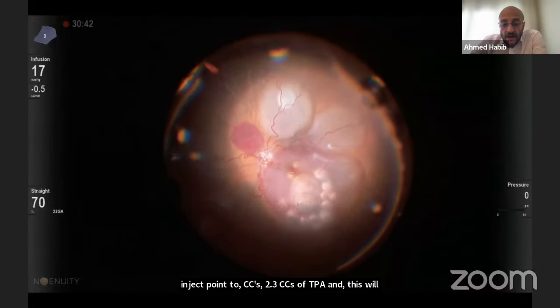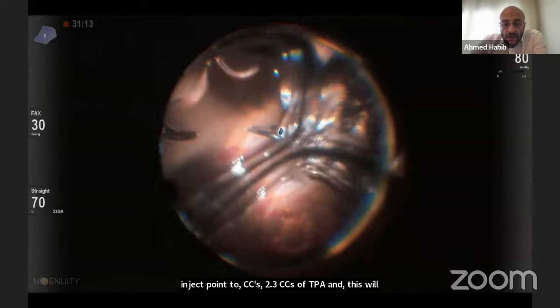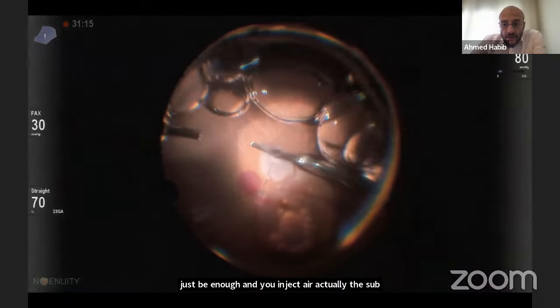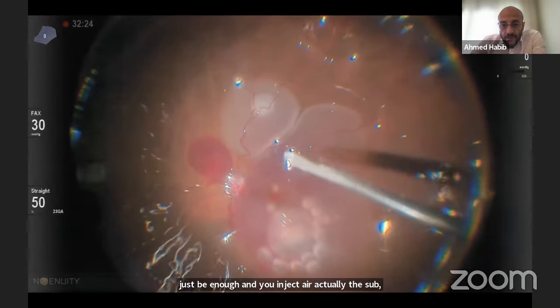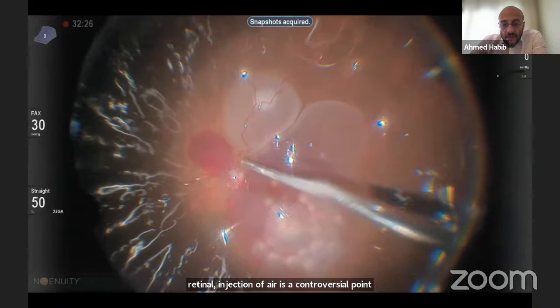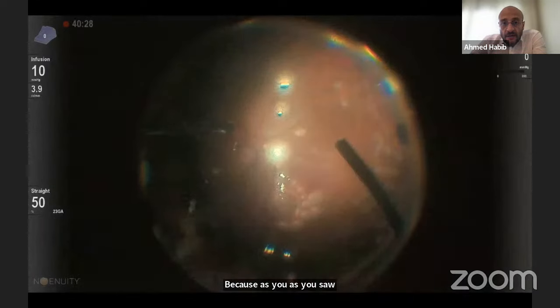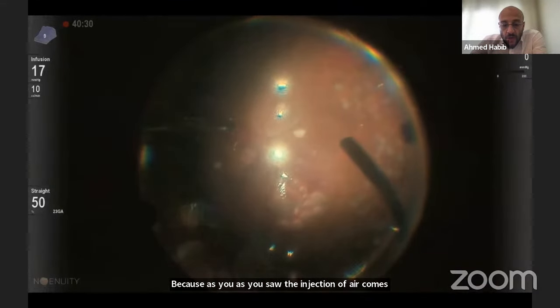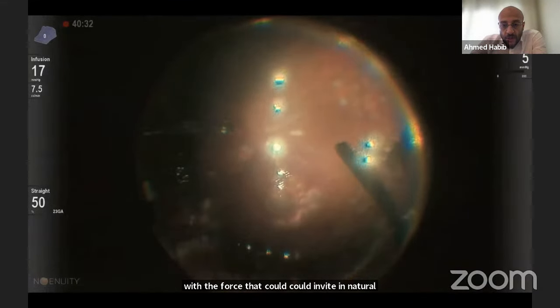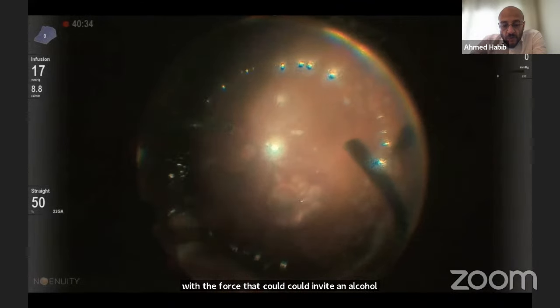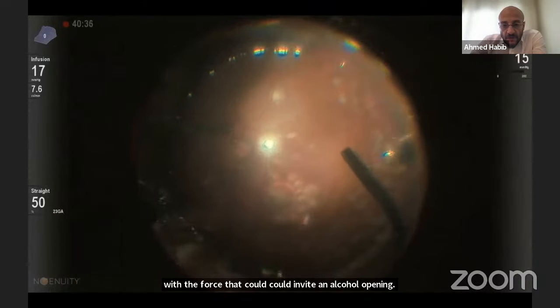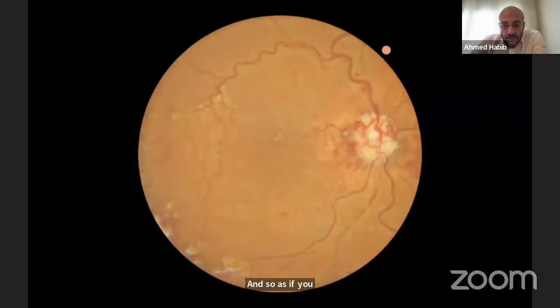And you inject air. Actually, the subretinal injection of air is a controversial point because, as you saw, the injection of air comes with a force that could invite a macular hole opening. So if you feel it's not safe, you can skip this step.